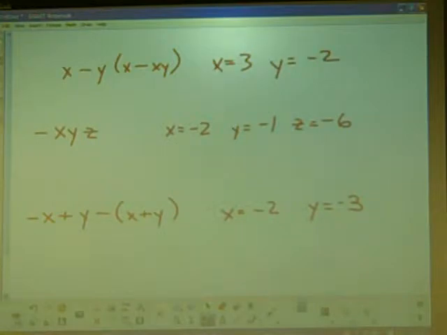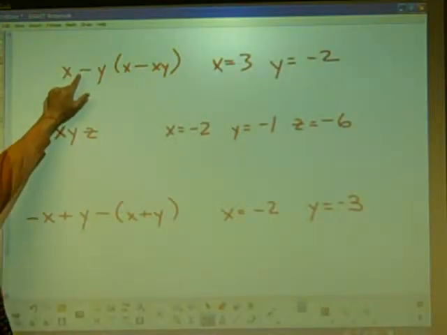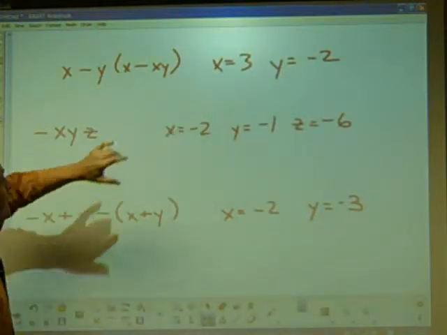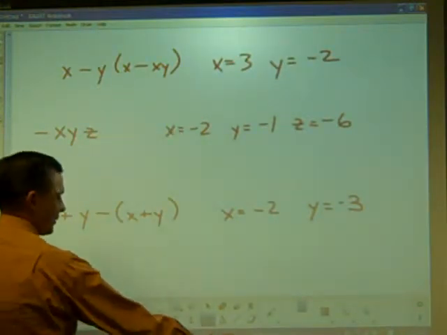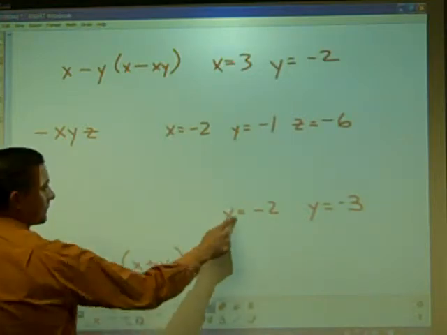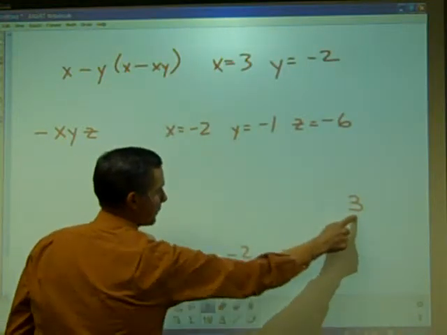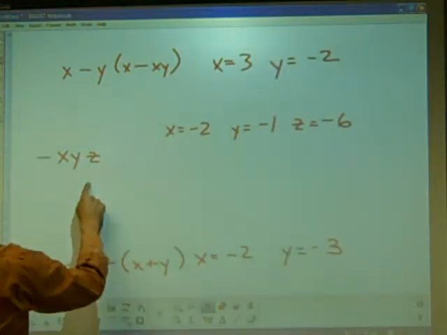Next page. Alright, I have 3 more. Top expression has a term minus a term. Alright, so again, I'll have to do substitution, work within inside one thing. And I'll move these other problems down to give myself some space.